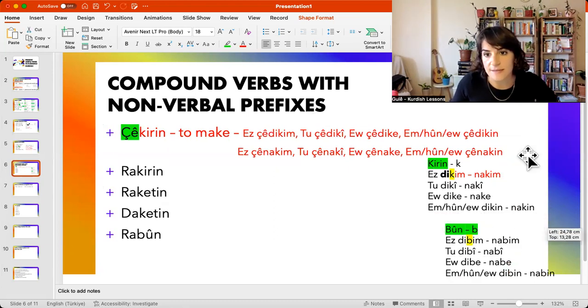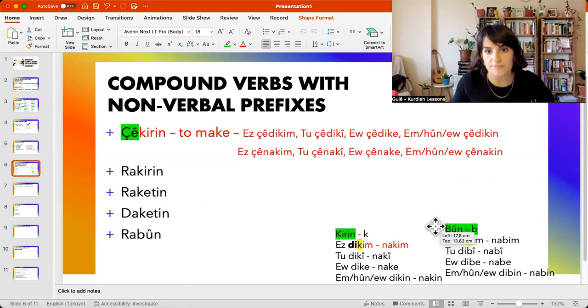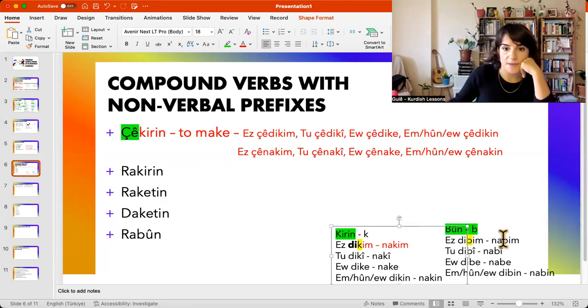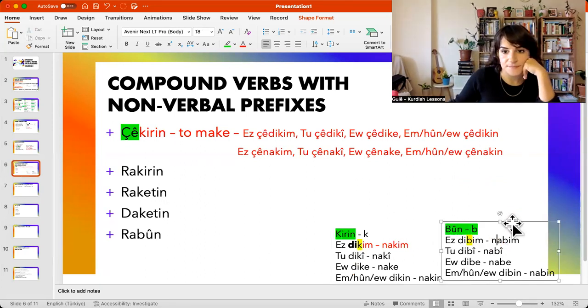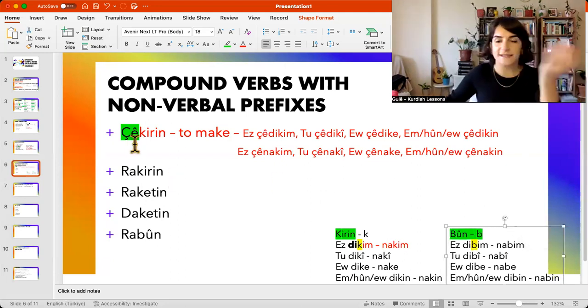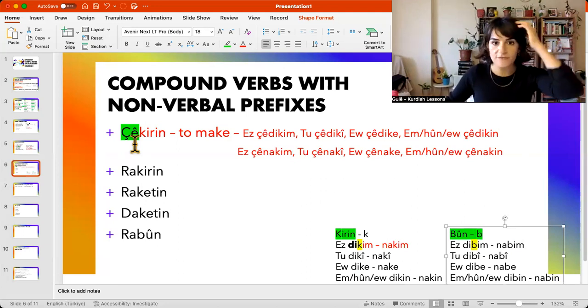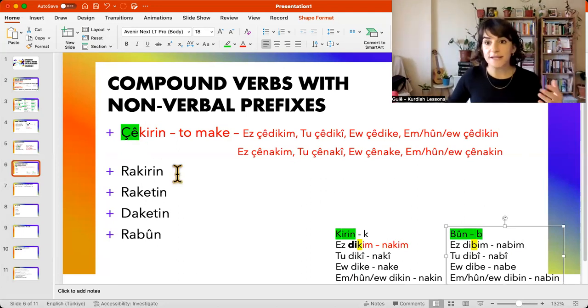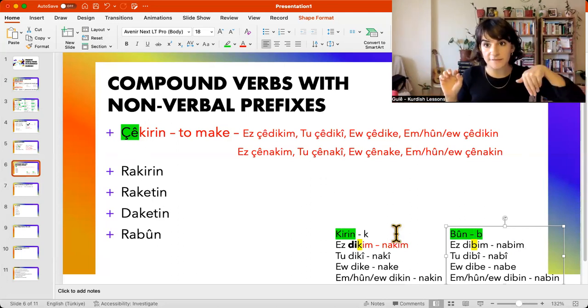So this is here. Okay. So che kirin is one of these very popular compound verbs. You will see many verbs, I mean kirin or bun or another verb with some prefixes.